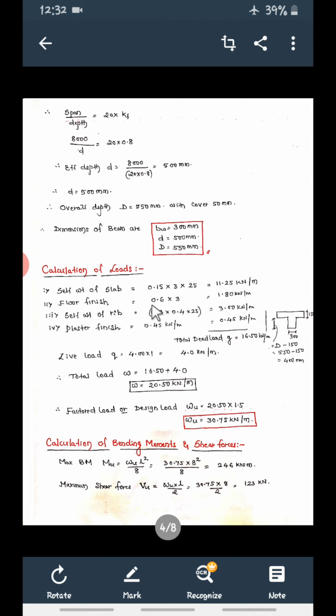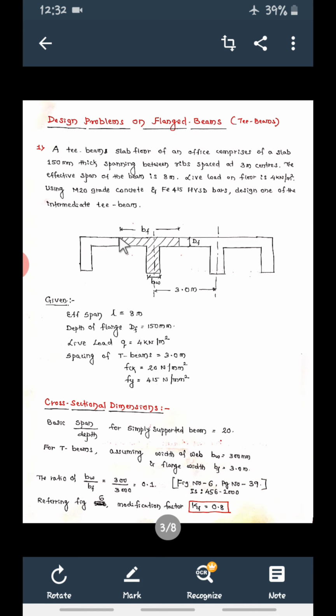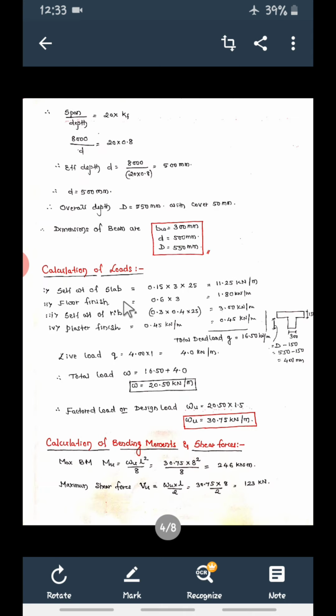But floor finish 0.5 to 0.6 you have to consider. Again 0.5 or 0.6 into 3 meter. Again this 3, because for this area we are considering the slab. So over this slab we are putting the tiles. The tile thickness, that is 0.6 to 0.5 into 3 meter. That is the floor finish.